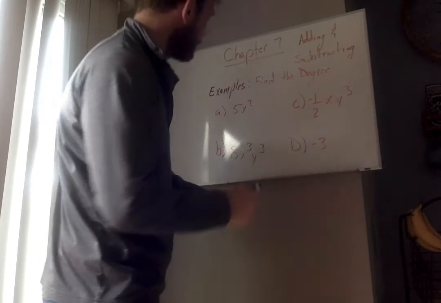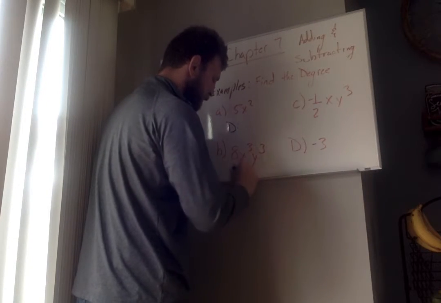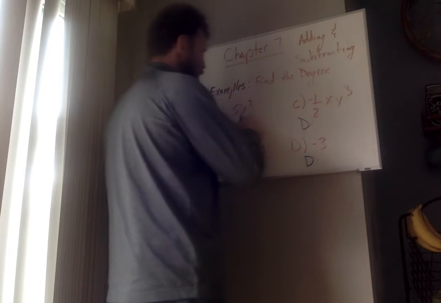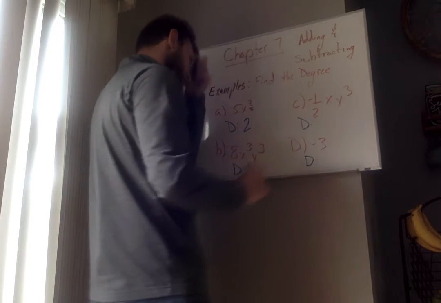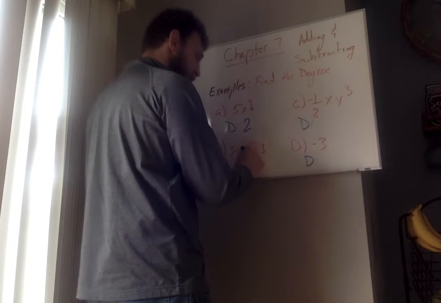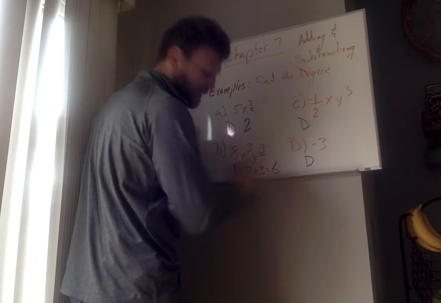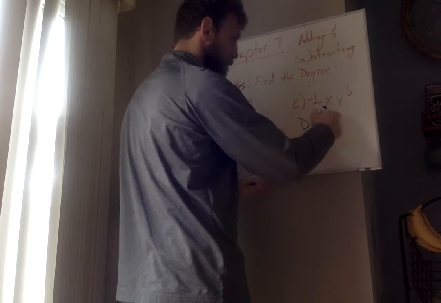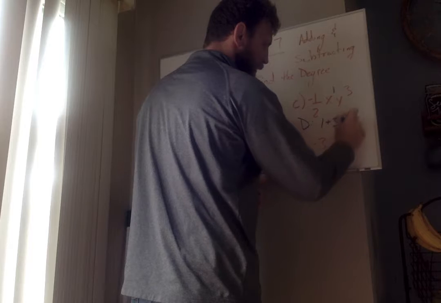So for the degree, I'm going to use D to represent degree. So degree here is 2 because that's my highest exponent. Now, jumping to this one, I have 3 and 3. So I add them, that's 6. I add them because I have two different variables. Degree here, 1 plus 3, so that's 4.